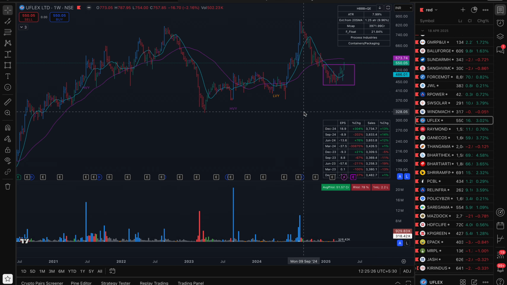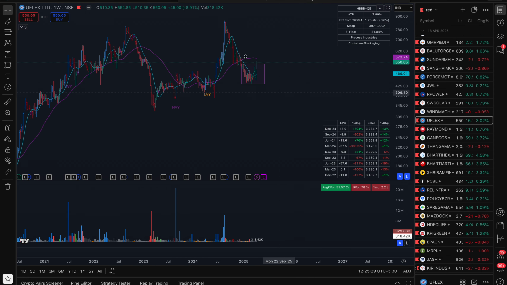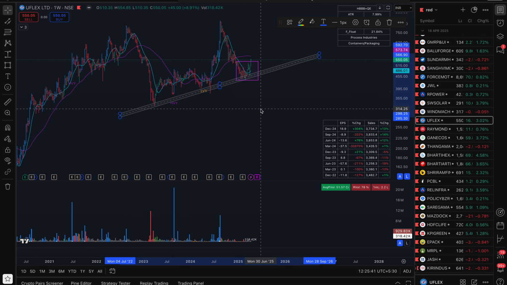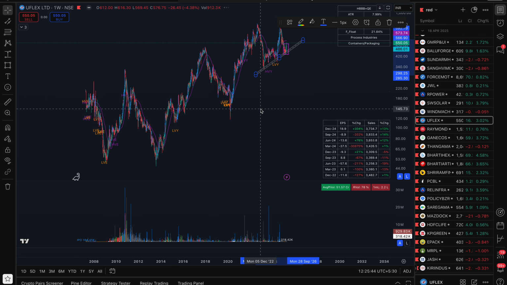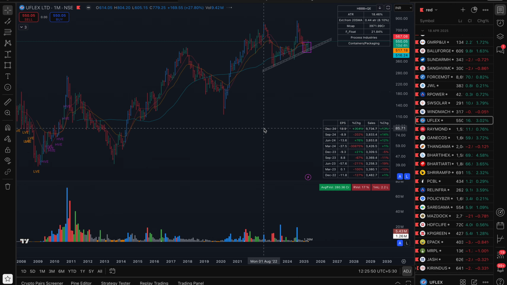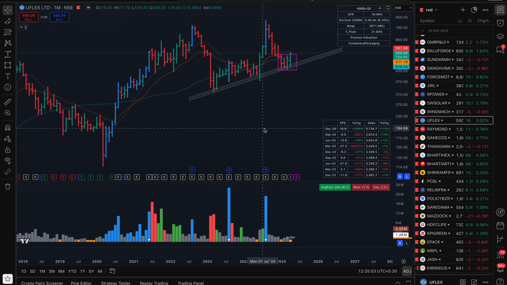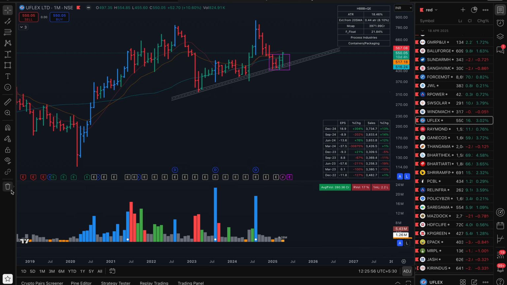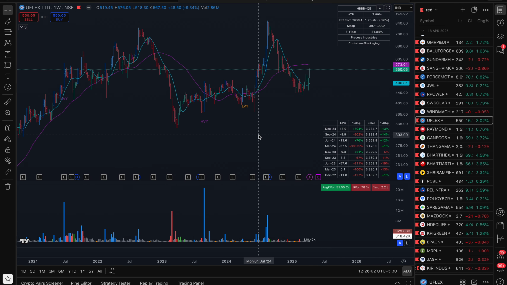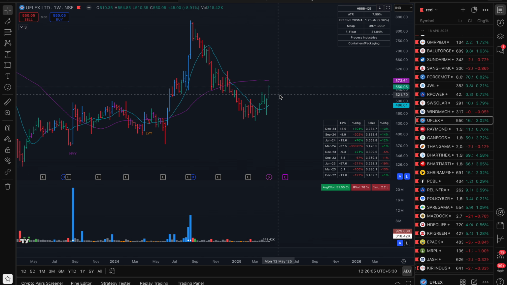If you look at the larger time frame, the stock is currently at a zone of support. Yeah, so this looks to me like a zone of support, and that's the reason why I would be interested in this, to trade the continuation after this reversal.